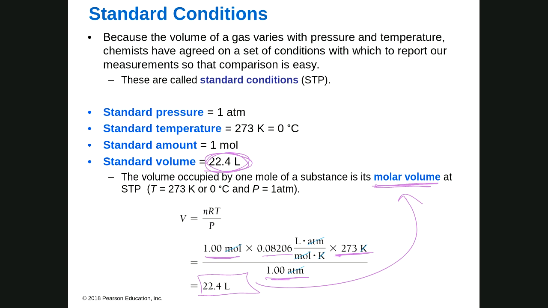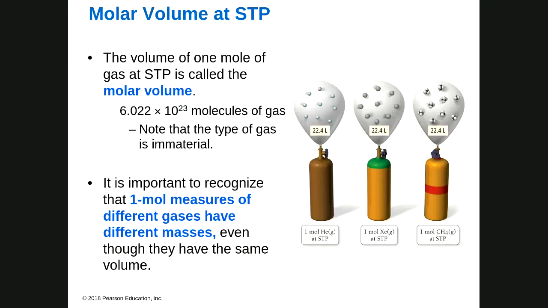And the cool thing about gases, and another way they're different from liquids and solids, is that liquids have different volumes, okay? So depending on how much you have, they have volumes.